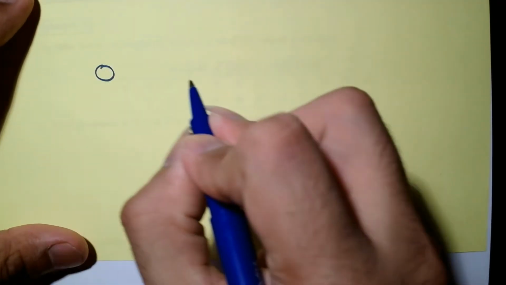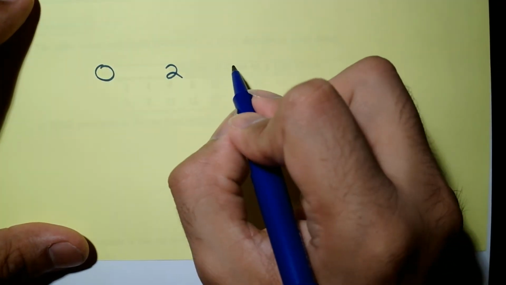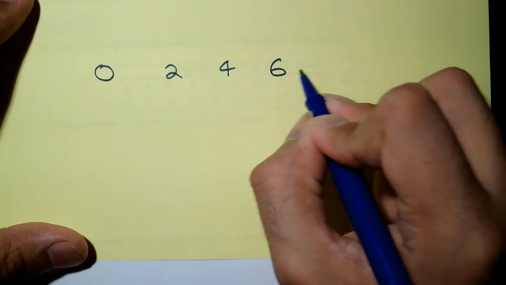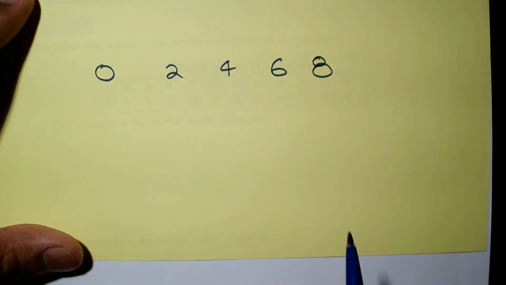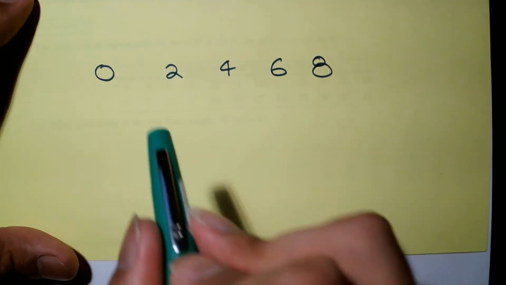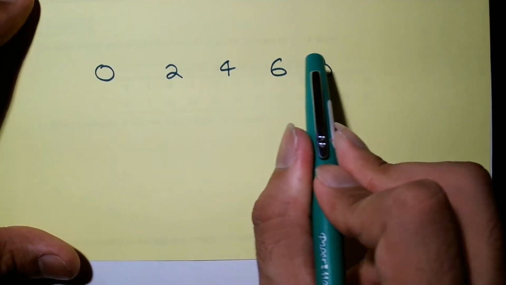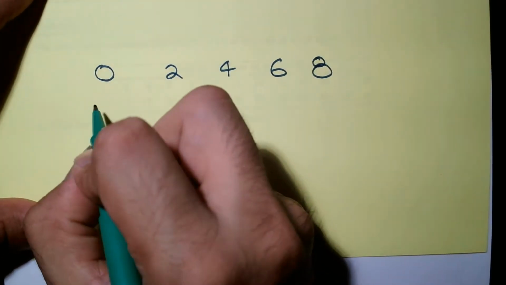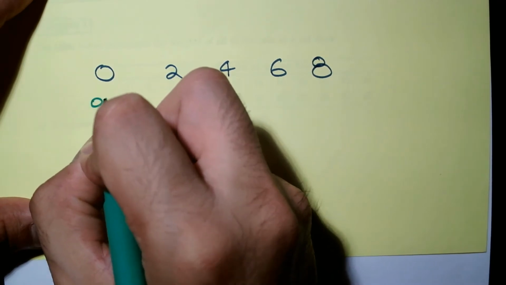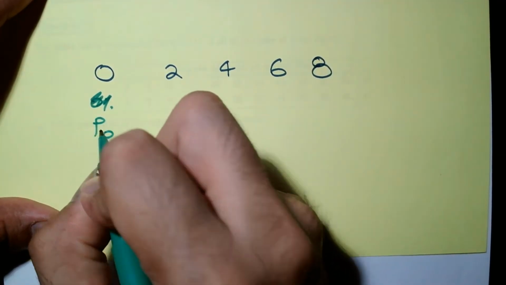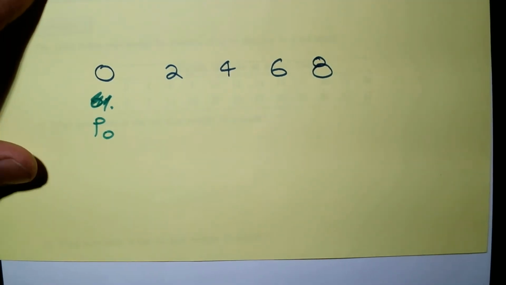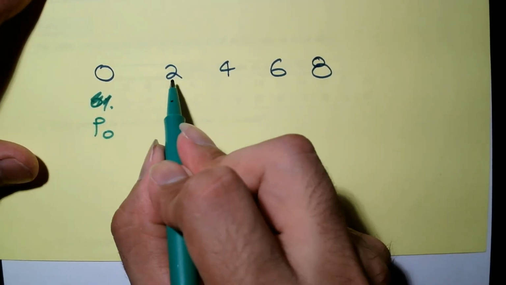If I have the numbers 0, 2, 4, 6, 8, we have 1, 2, 3, 4, 5 places. The number 0 would be the minimum or the 0 percentile, which we can call P0.